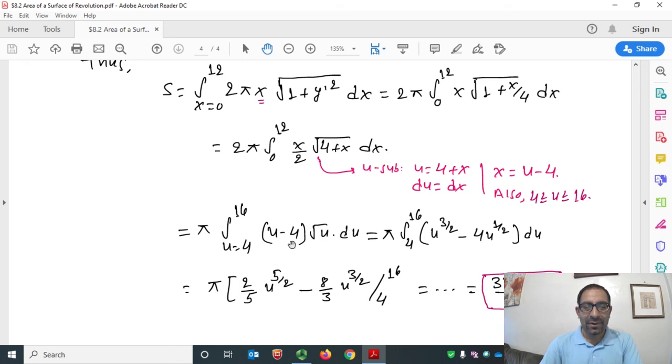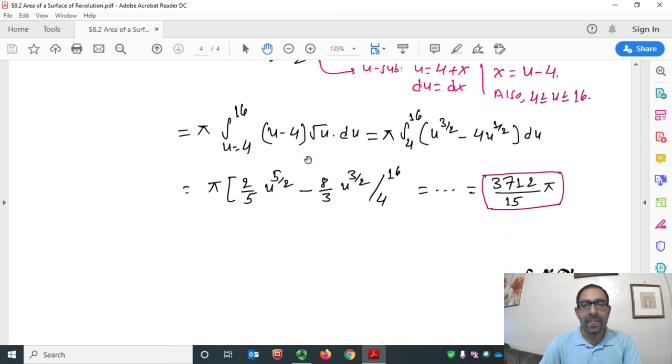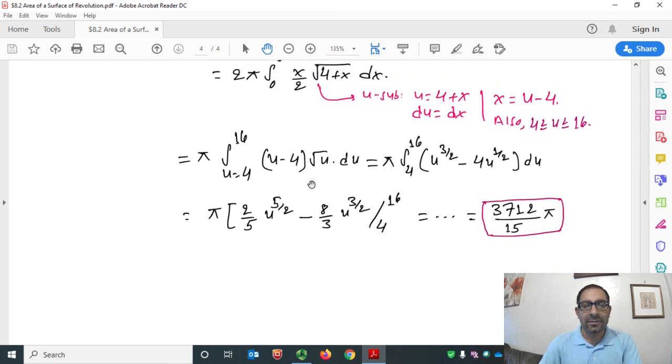So now I have all u variables in our new integral, so we can easily integrate. Let me scroll down. That's better. Then pi as it is. Next step, definite integral. First FOIL this radical u inside. So radical u is the same as u to the power 1/2. Multiply inside, so u times u to the power 1/2 becomes u to the power 3/2, minus 4 times u to the power 1/2, du.